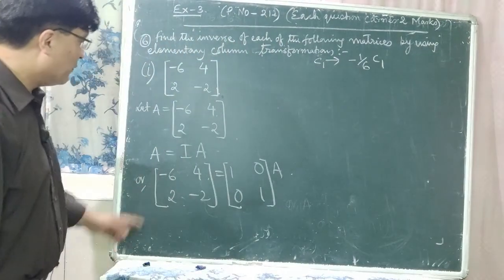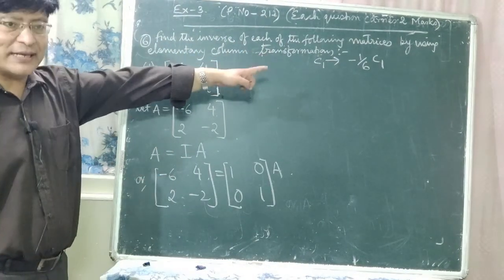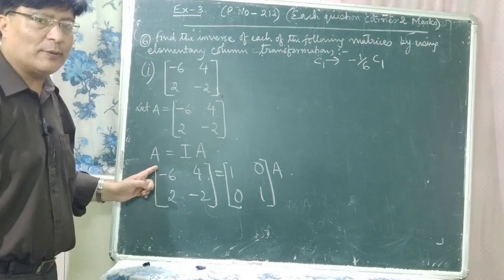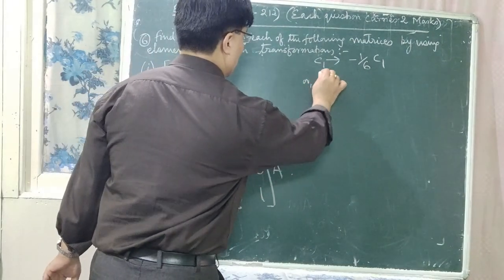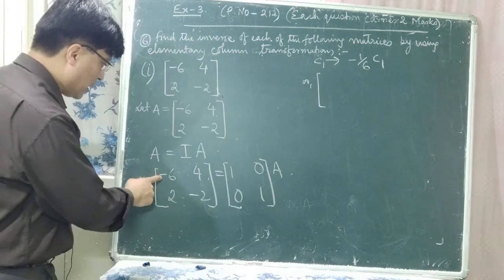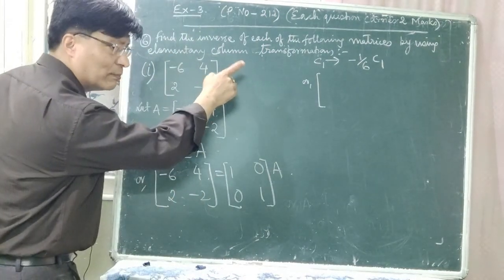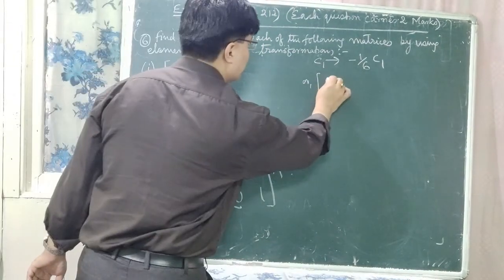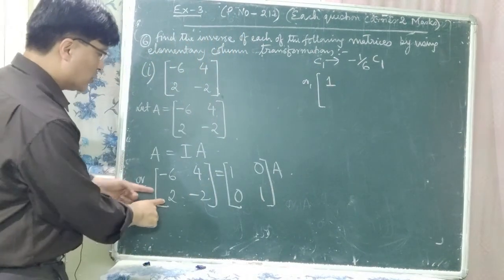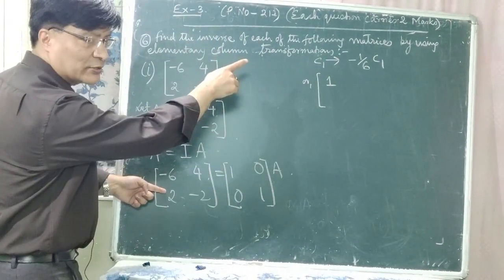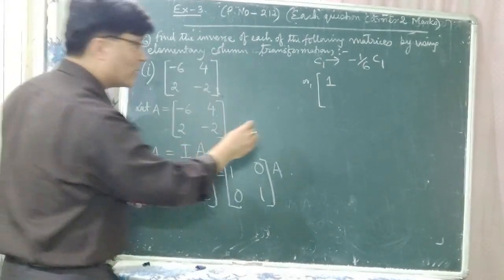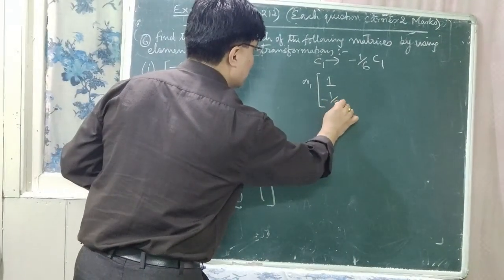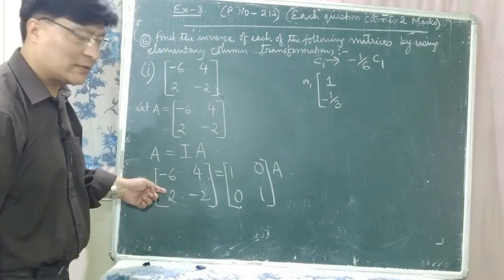If you multiply this -6 by -1/6, it will be converted into 1. Now column 1 is changing here. So -6 into -1/6 is 1. Again 2 into -1/6: 2 ones are 2, 2 threes are 6, that means -1/3.